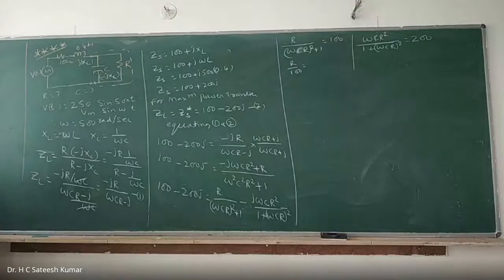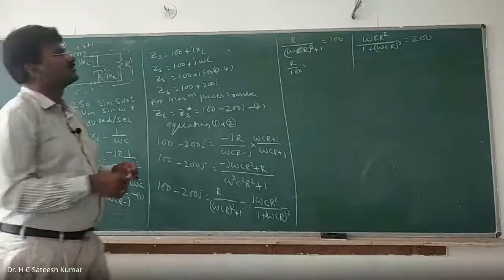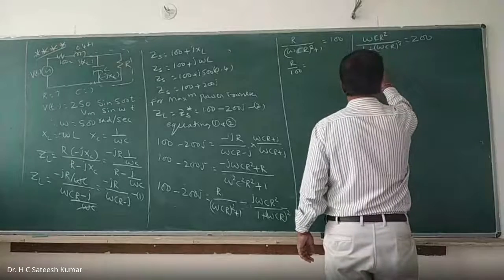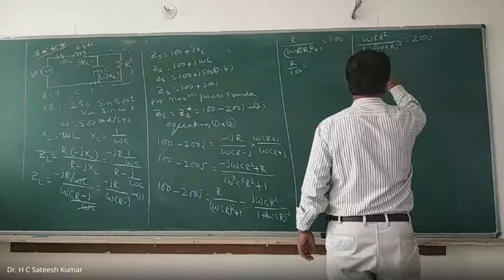R divided by. Okay, right. So now what is that we can write it? This is nothing but equal to omega CR.